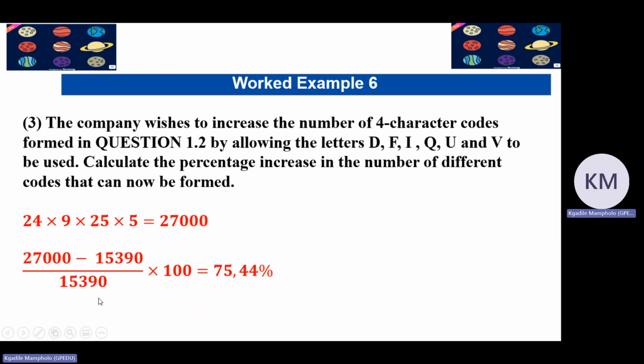Remember, the total will be when we follow the procedure that we followed in the previous one. We said 27,000 minus 15,390 divided by the total. This will be the percentage increase.